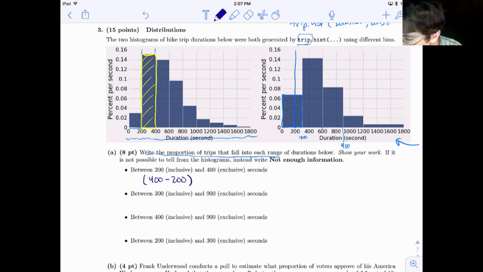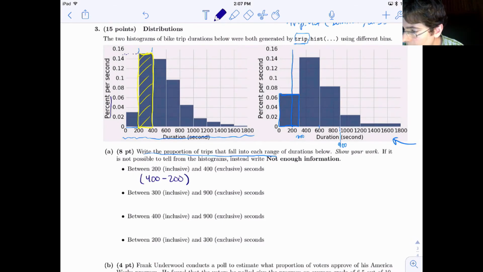Its height is measured here on the vertical axis, but notice that the vertical axis is in percent per second. So this number is not 0.15, but instead it's 0.15%, because that's what it says as the label on this axis. And we always write histograms in this way.